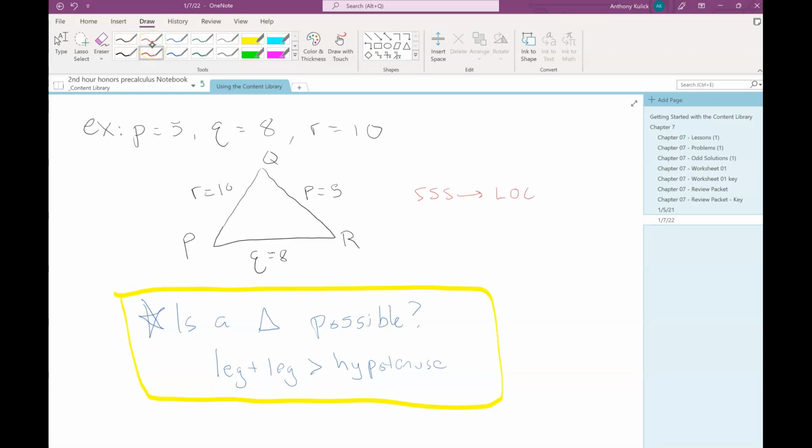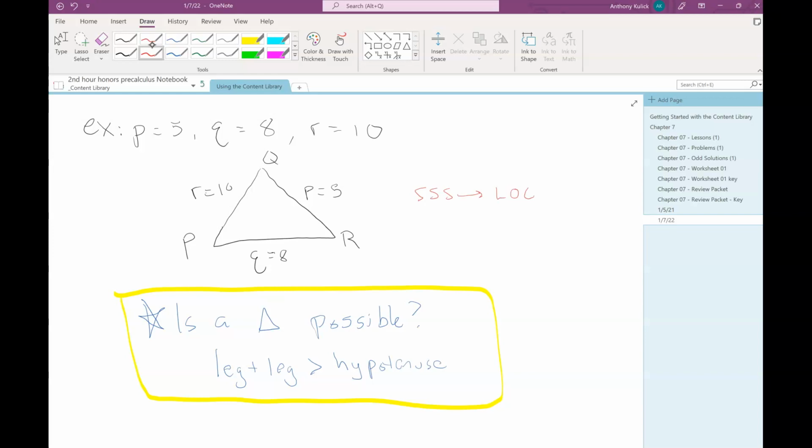How do I know which one's the hypotenuse? It's the biggest one, man. So 5 plus 8 is bigger than 10? That's correct. So a triangle's possible. We're good. We can proceed. Everybody feel okay with that?